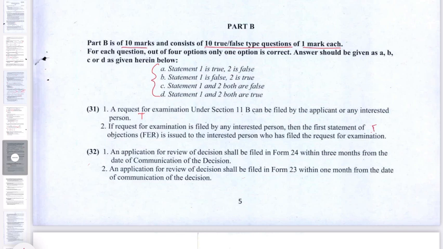Question number 32. An application for review of decision shall be filed in Form 24 within 3 months from the date of communication of the decision. This is false because although the application should be filed in Form 24, the time limit here is wrong. The time limit is within 1 month and that is extendable by another 1 month.